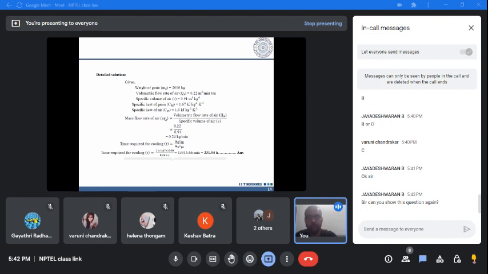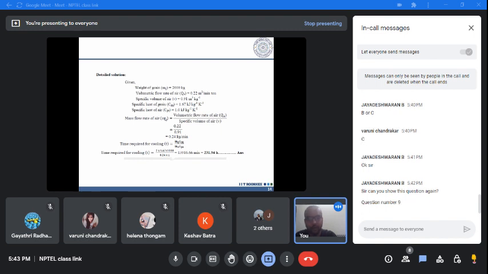So time required for cooling, that is mg, and specific heat of grain, then upon the weight of the grain, then specific heat of air. So 2 into 1.67 into 1000 upon 0.24 into 1. So that will be 13,916 minutes.